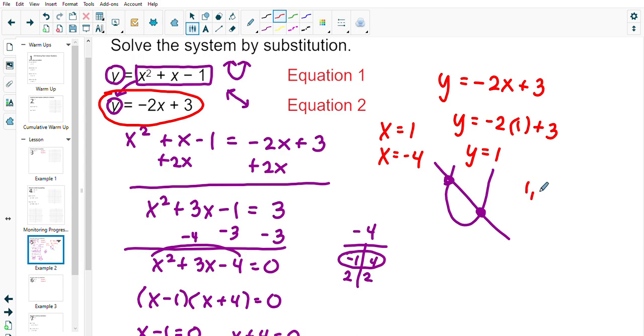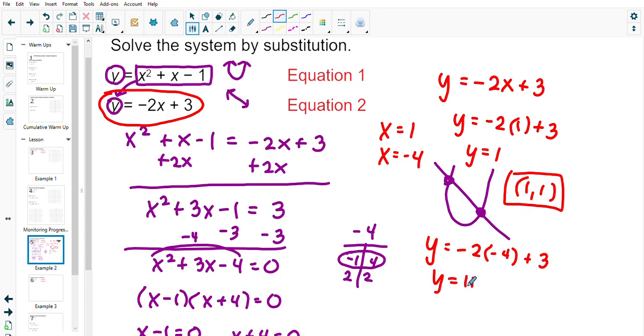So it's going to intersect at the ordered pair (1, 1). Then if we plug negative 4 in, we get negative 2 times negative 4 plus 3, and we get 11, which means this is also going to intersect at (-4, 11). So those are our two solutions.